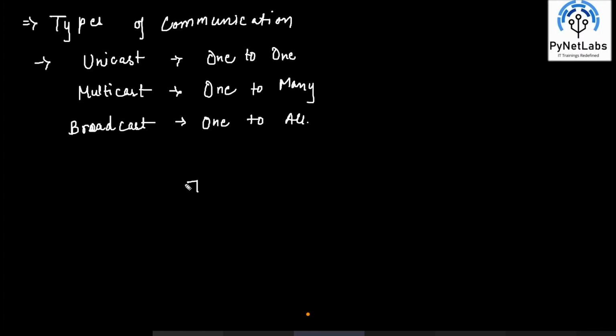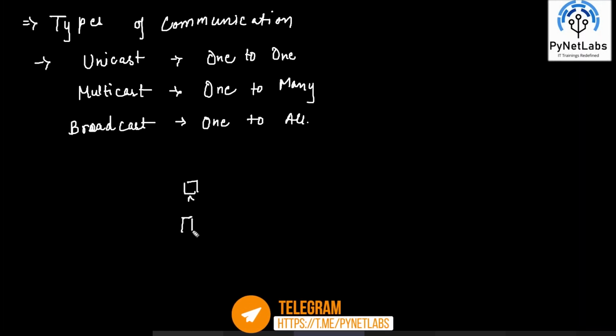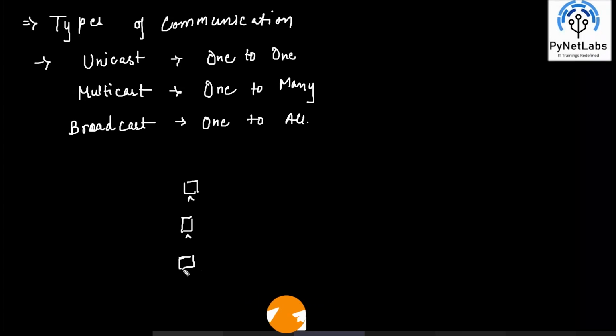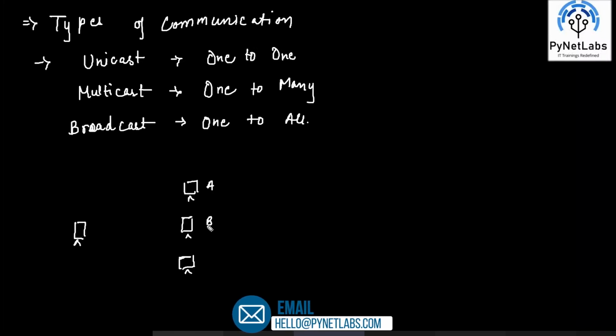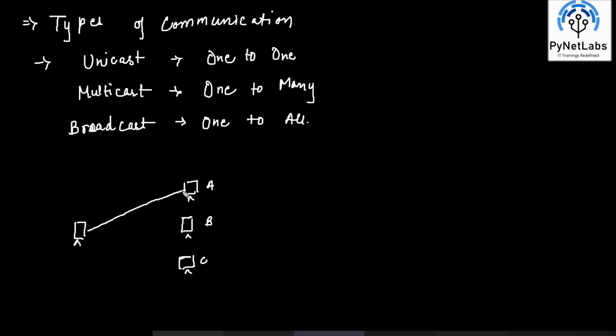So let's say there are PCs here and there is an admin PC here. So if this admin PC just talks with PC A, we will call it unicast, or you can consider it a one-to-one communication which is being held with the admin PC with A. But if the admin PC communicates with A and B, then we can call it multicast, as the communication is happening from one to many.